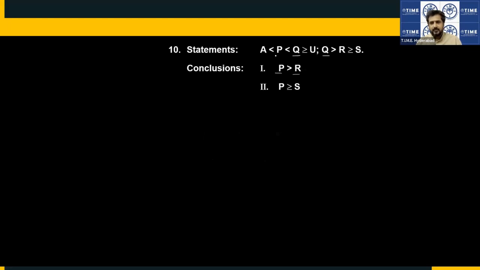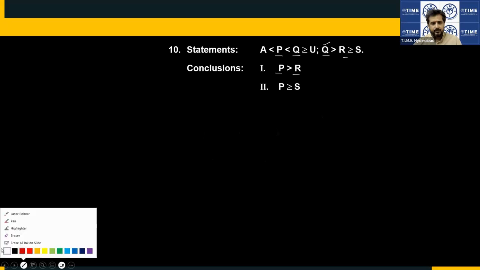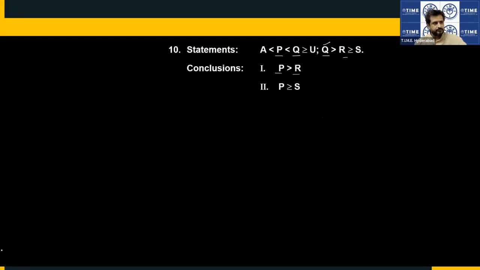P and R relation: P is here, R is here, and the common term is Q. Now, P and R, you have to take on either side.